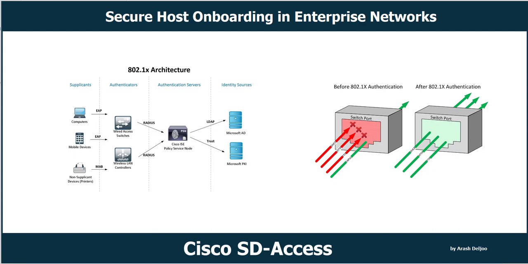It means that an authentication server validates each client, meaning supplicants, connected to a network access device or authenticator. As you can see here, the supplicant is connected to the port of the authenticator, and the authenticator can take help from the authentication server to authenticate the supplicants, before making available any services offered by the switch or the LAN.